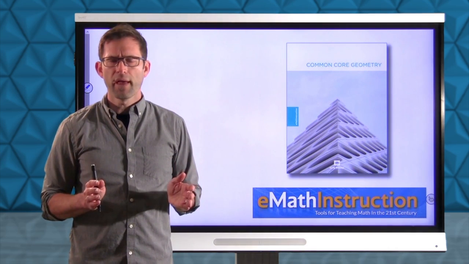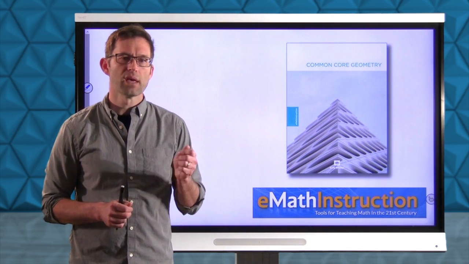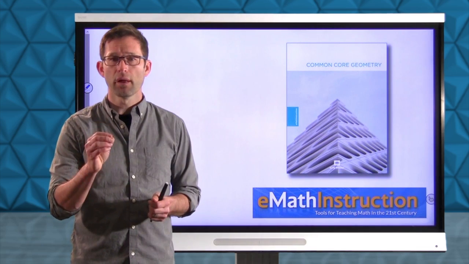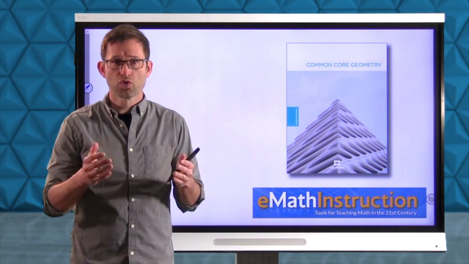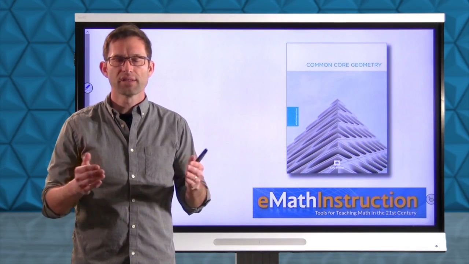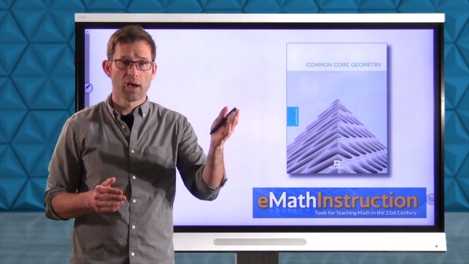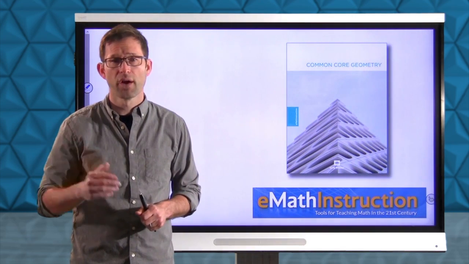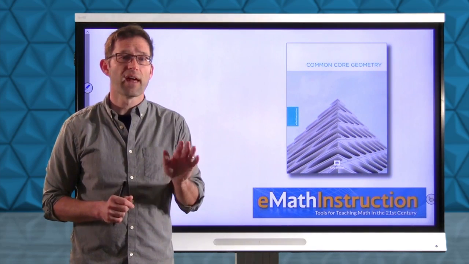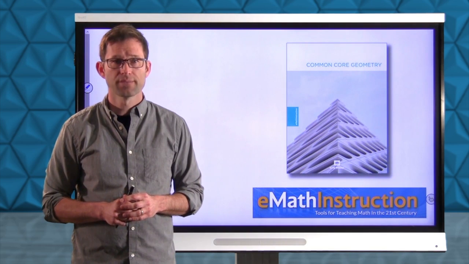Probably more important than that, though, is just the idea that if you see that as part of a proof, it is a huge red flag that what you're trying to do is use similarity to establish that two triangles are similar, probably angle-angle. Then from that similarity, you're then looking to set up a proportion, this side divided by this side is equal to this side divided by that side. That we did in the last lesson, but then that final piece is rewriting those proportions as products.